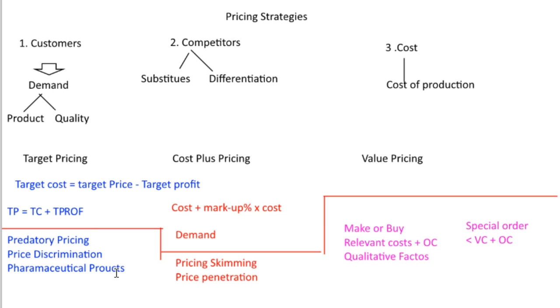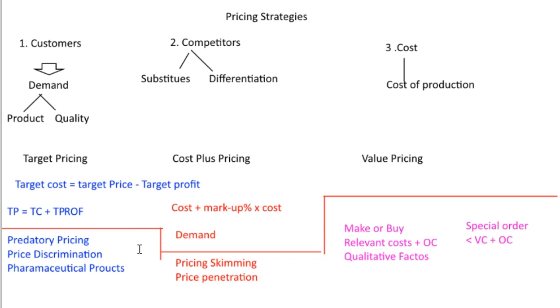So there's also some things to think about, some ethical things. For example, predatory pricing, when you're going into a market and you charge maybe lower than your costs and force out your competitors who can't afford that. This is illegal as well in most situations, I believe. Price discrimination is offering different prices for different consumers.